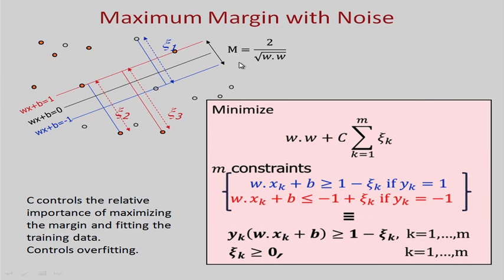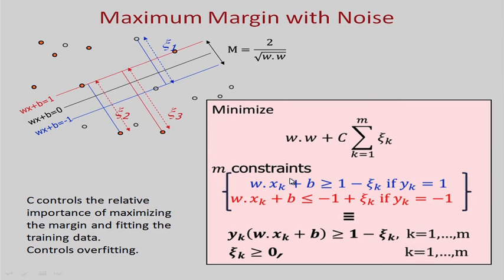The margin width is given by 2 over root of w dot w, which we want to maximize and which corresponds to minimizing w dot w. Adding the penalty due to these slack variables, we get the minimization function to be w dot w plus C times sigma k equal to 1 to m xi k. So, this is what we want to minimize.